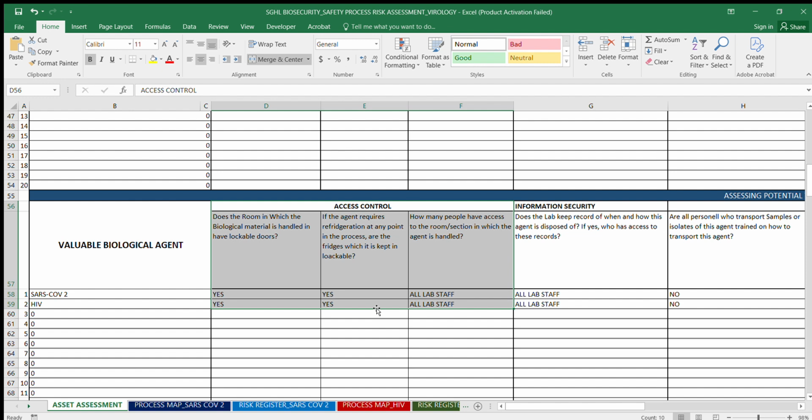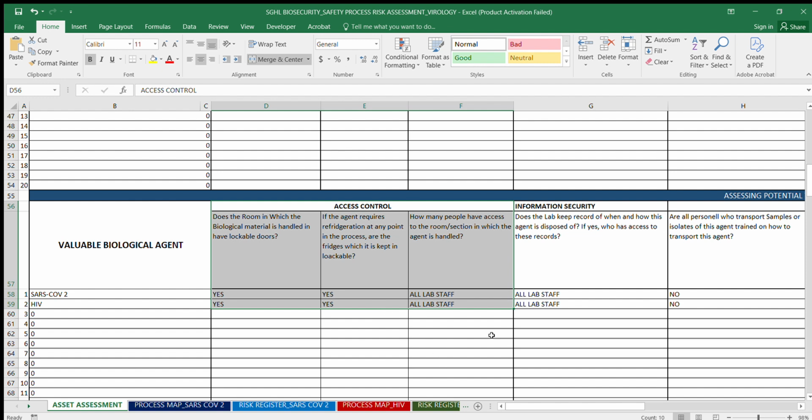Then also the physical security of the facility. We're talking about the fences and the gates. So is the hospital fenced? If it's not fenced, it means that there'll be multiple access points, but then sometimes you find that it's fenced, but there are a lot of entry points into the facility. So this will affect how safe your asset is.